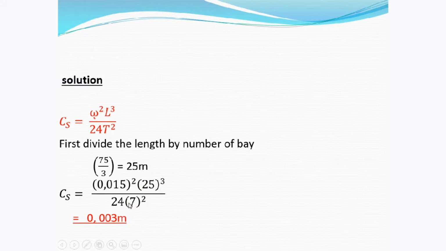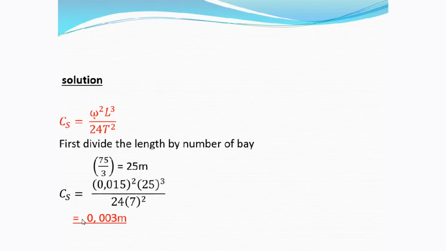We'll say 75 divided by 3 is equal to 25 meters, which is the length when we were doing a measurement at 1 bay. So the correct sag is equal to, now you substitute in this formula here, 0.015, which is the mass of the tape, squared times 25 meters, which is the length of 1 bay, cubed divided by 24 times tension. We were told that the tension is 7 kilogram force squared.